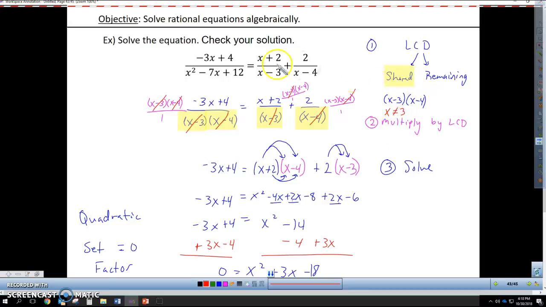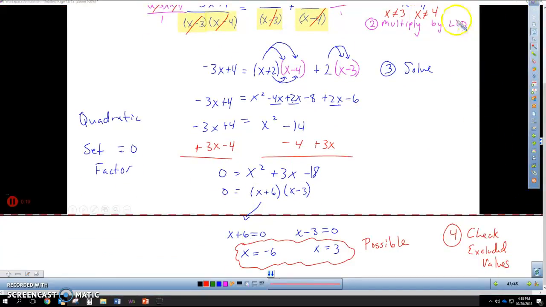If it is, then this denominator goes to 0. Also for the factor x minus 4, x cannot be a positive 4. If it is, this goes to 0. So those are excluded values. They're not even allowed in our domain. So I'll check, does 3 or 4 appear in our solution set?